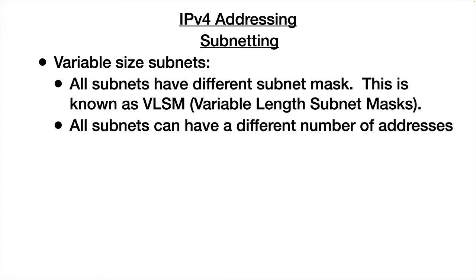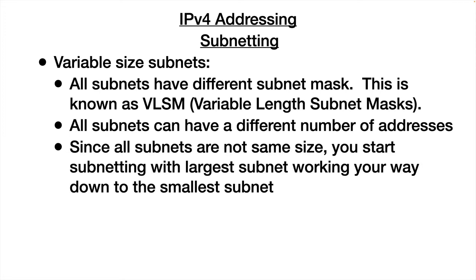Since the subnets have a different number of addresses, what we have to do is start with the largest network and subnet it. Then we go to the next largest and subnet it, all the way down to the smallest subnet. So in fixed length, we just cared about the largest.